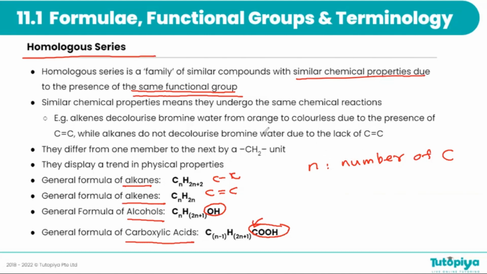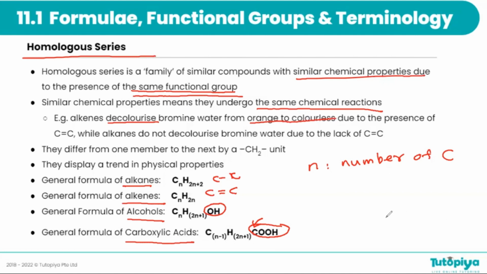Now, each organic compound in the same homologous series will have similar chemical properties, which means they would undergo the same chemical reaction when they meet the same reactants. For example, all alkenes, regardless of whether it has 2 carbons, 3 carbons, 10 carbons, will decolorize bromine water from orange to colorless.